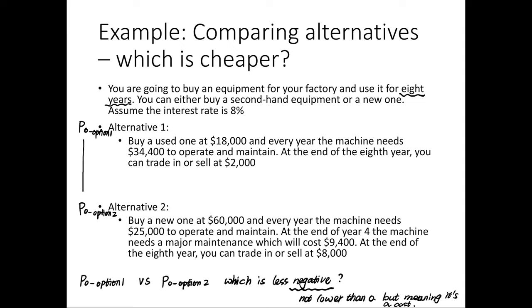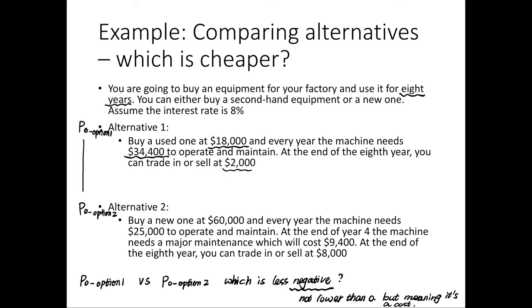Option 1, you buy a used one at 18,000. Okay. And then every year the machine needs this much, 34,400, to operate and maintain. Okay, you want to use it, you want to maintain it. That's the total net cost every year for using that machine.